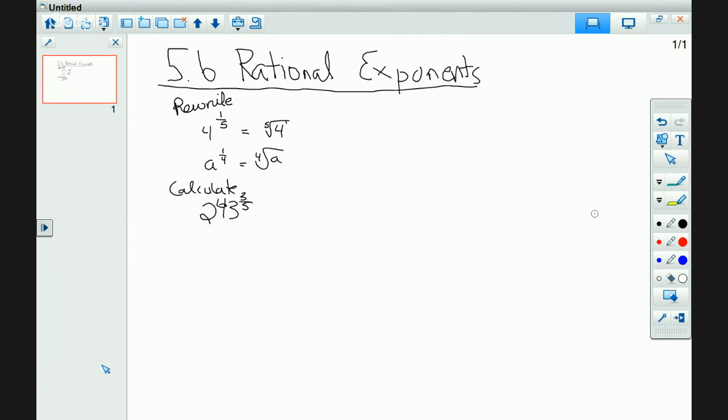Okay, what's method 1? Use a calculator, right? You could rewrite it and do it. Eventually, you're going to end up at a calculator for this one, because it's a big number.